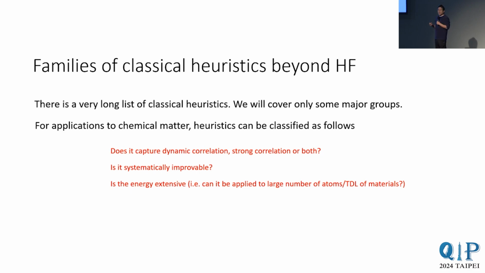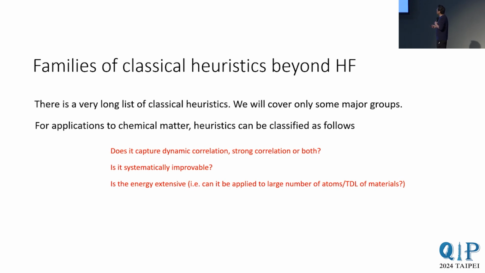Is the energy extensive? This means that if I were to treat a collection of non-interacting atoms, does the energy scale linearly, without requiring an exponential cost in the calculation?